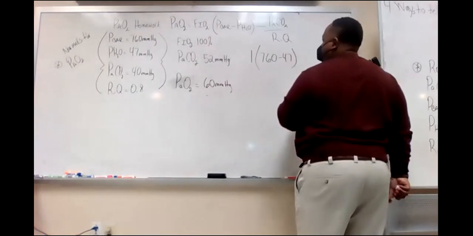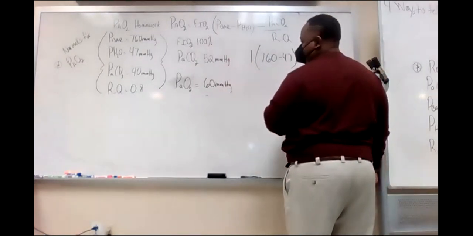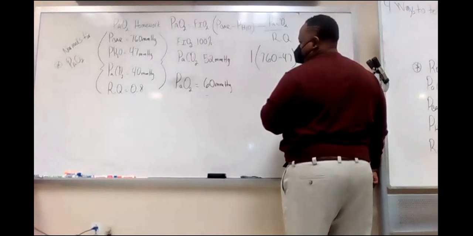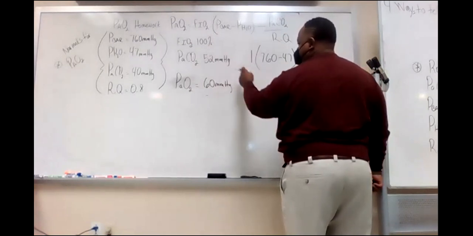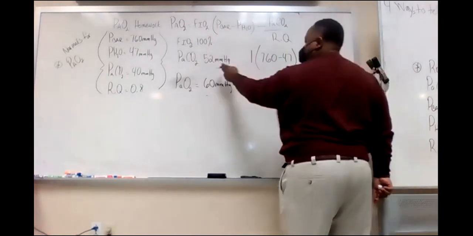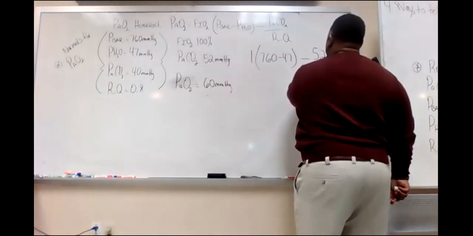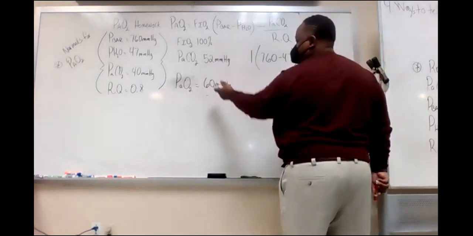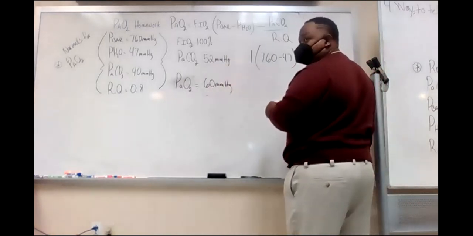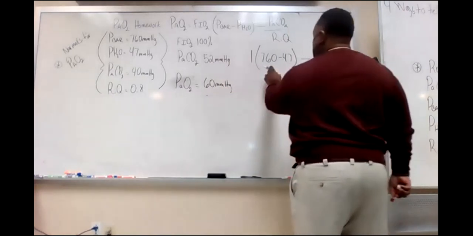Minus, what is the P little a CO2 in what I gave you? 52. If I didn't give you this, you would use 40. Now, what's the RQ? Did I give you an RQ? No. So you use 0.8. Now, let's work it out.